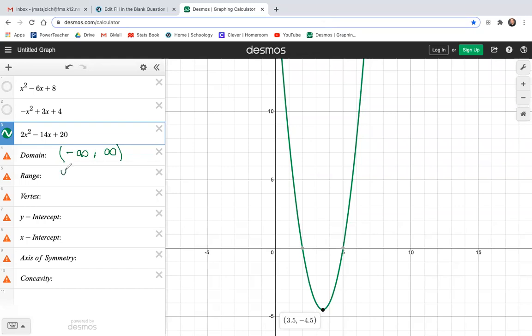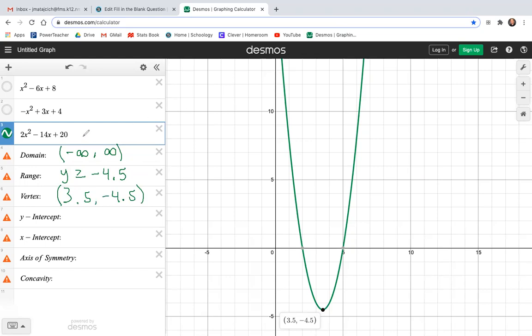The range, our y value, can be anything greater than or equal to -4.5. Our function is never going to go below that value. The vertex, it's there as well, (3.5, -4.5). Another point.